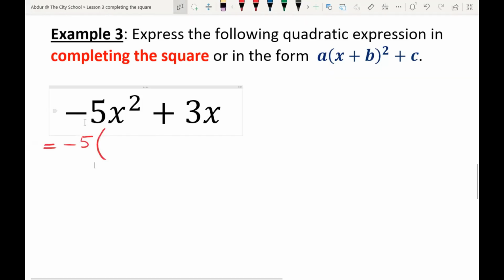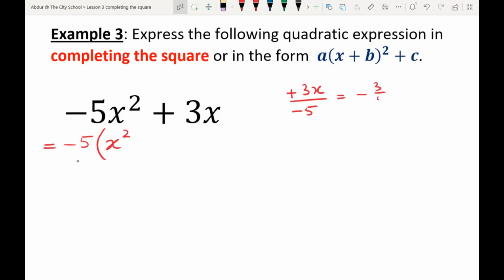When we divide each term by minus 5, minus 5x square over minus 5 will be x square, and plus 3x divided by the common, which was minus 5, will be minus 3 over 5x. So write down minus 3 over 5x.